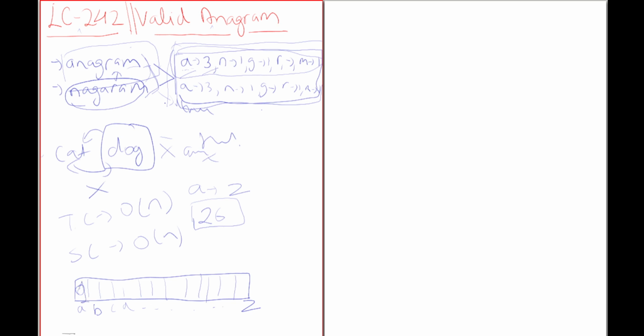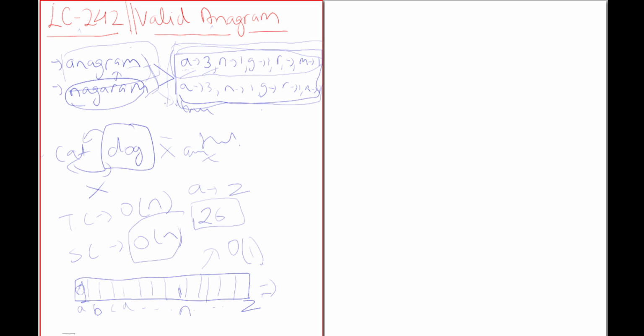And then when we see n, wherever n is there, we will increment that to 1, and then we can compare those, right? This solution is taking some extra space, but that is still constant. It is not linear.